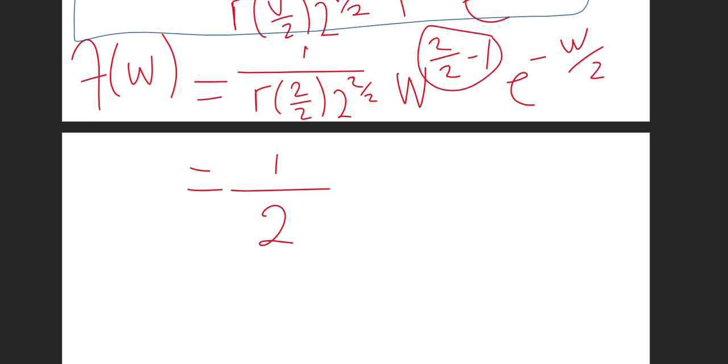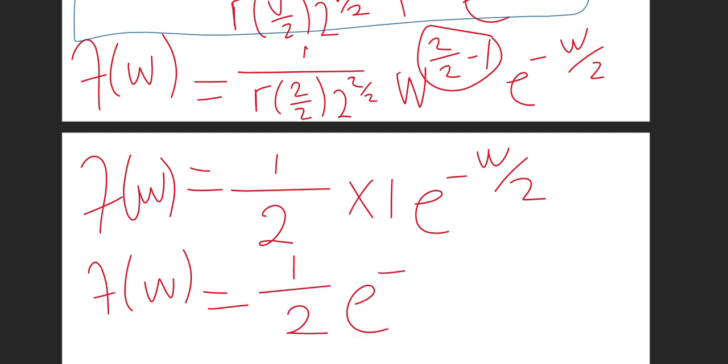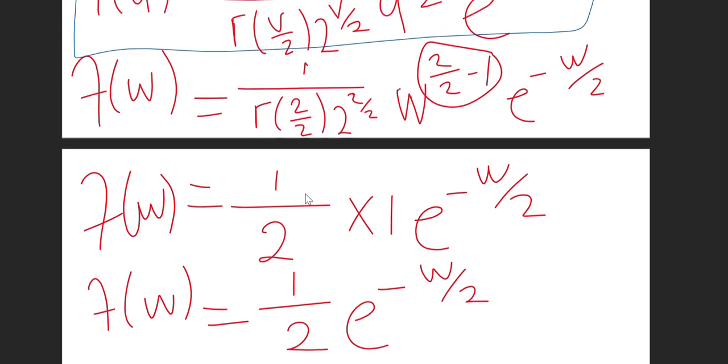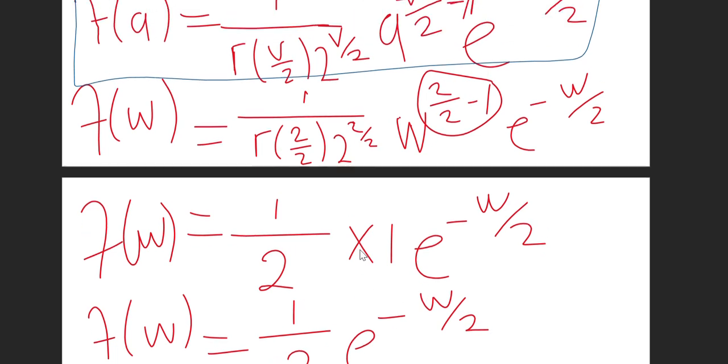Then we have 1 minus 1, which is 0, and anything raised to the exponent of 0 is just 1, and then we have e raised to negative w over 2. So f of w, the PDF of our W, is equal to 1 over 2 e raised to negative w divided by 2. Okay, so we've transformed this random variable.